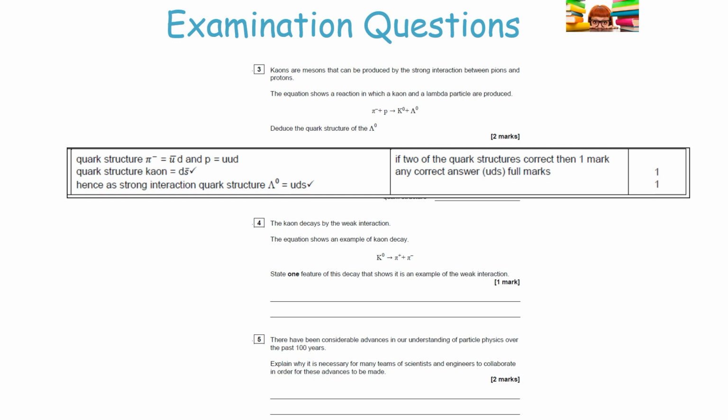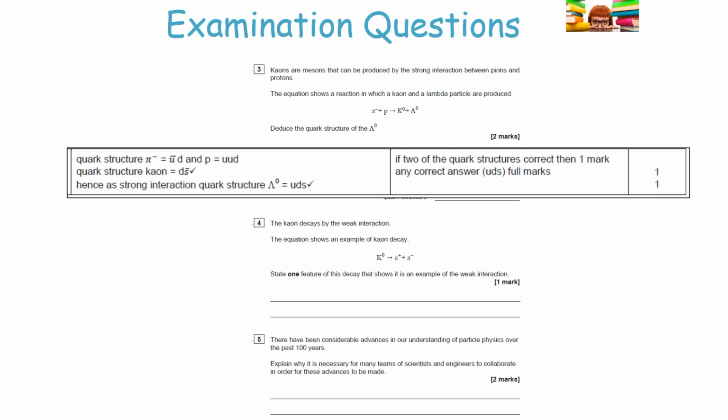So what you can work out firstly is that there's a baryon on the left hand side and a meson, so therefore we've got a baryon number of 1 on the left hand side. Now we need a baryon number of 1 on the right hand side, so because the K0 is a meson, that tells us the baryon must come from the lambda 0, so it's got to have 3 quarks.